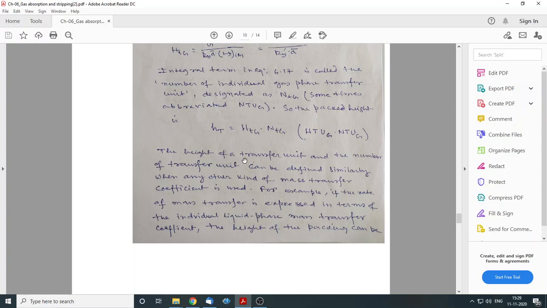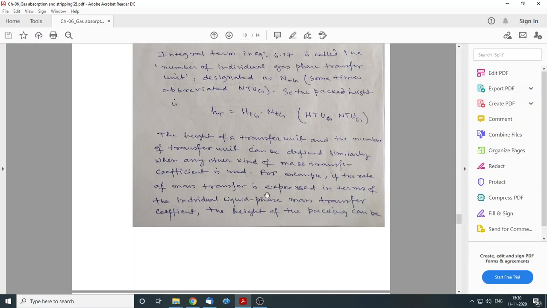So the height of a transfer unit and the number of transfer units can be defined similarly when any other kind of mass transfer coefficient is used. Here I have determined that the total height is the height of a transfer unit based on the gas phase times the number of transfer units based on the gas phase.